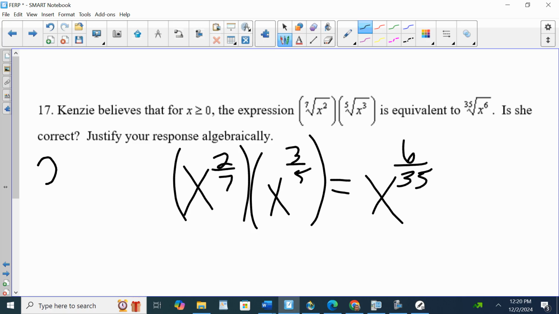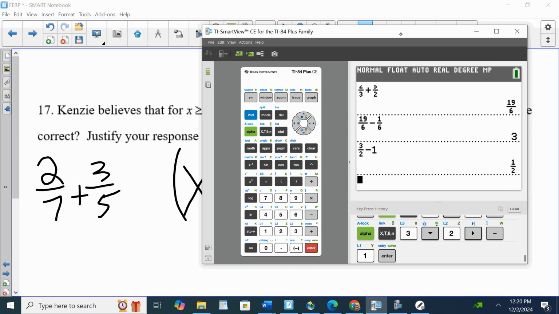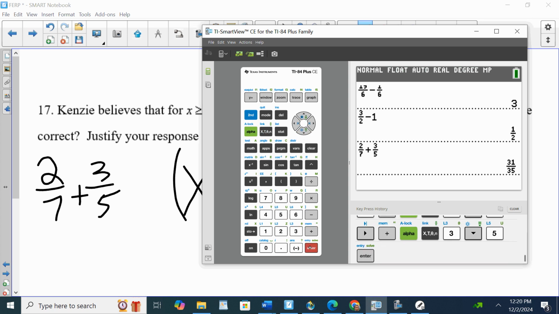I see multiplication. When I'm multiplying, I add my exponents. Keep it simple. Use the calculator to add the exponents. I showed you how to do it by hand before. Briefly, you did a lot in middle school. If you remember it, great. If not, just use the calculator to get your answer. We don't want to lose points on this. 31 over 35.